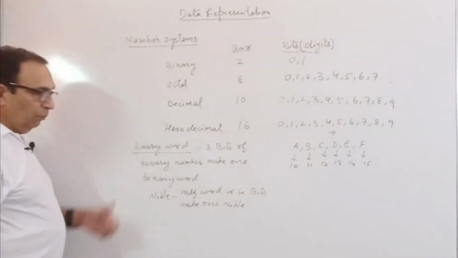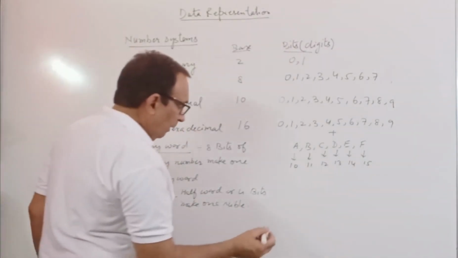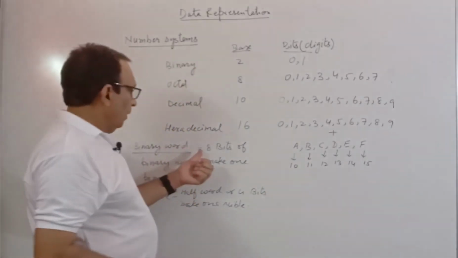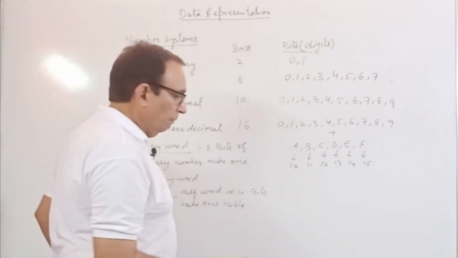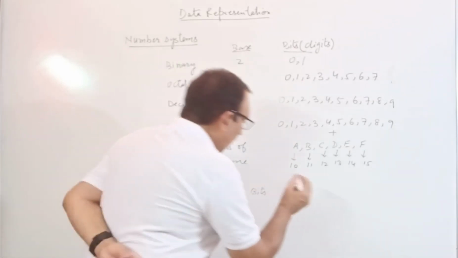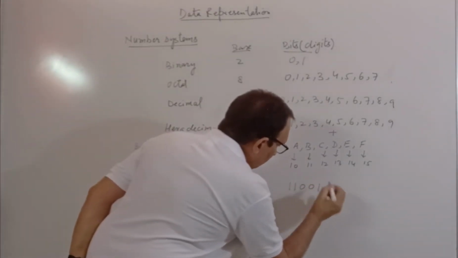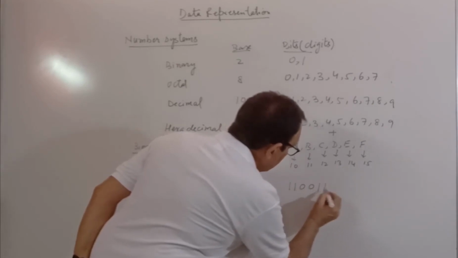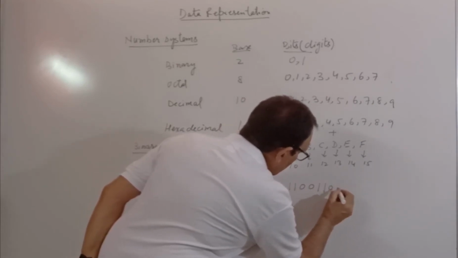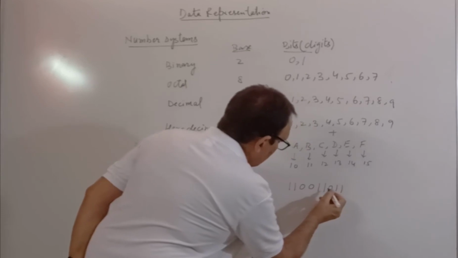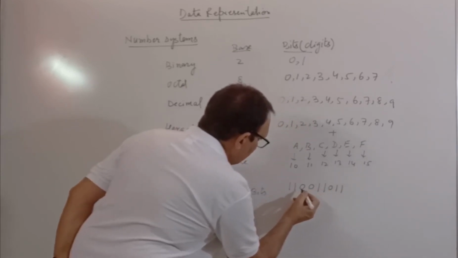Let us see the binary word representation. 8, I am telling you. An 8 bit combination means a 0 and 1 combination. I write 1, 1, 0, 0, 1, 1, 0, 1, 1. 1, 2, 3, 4, 5, 6, 7, 8.